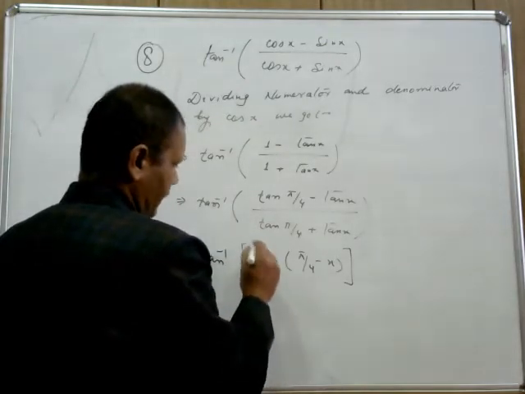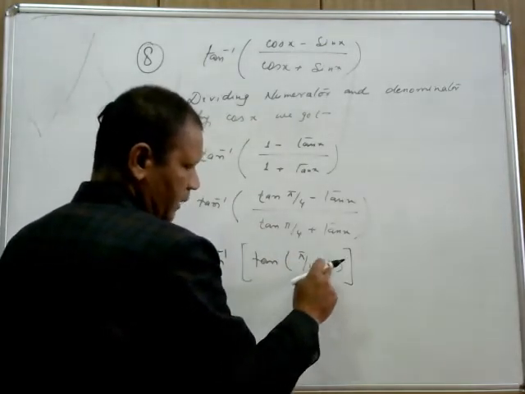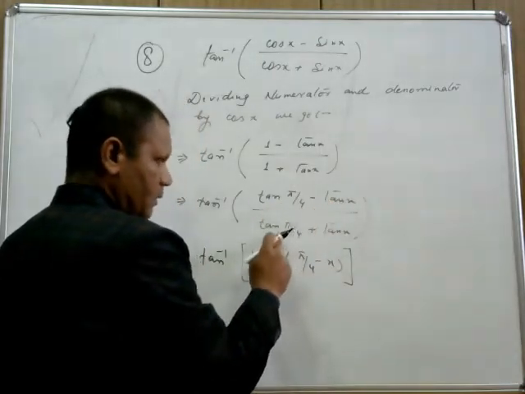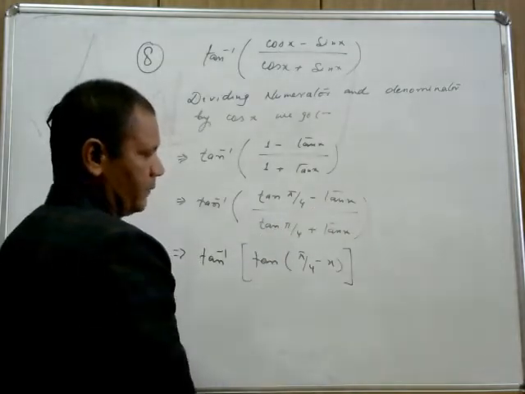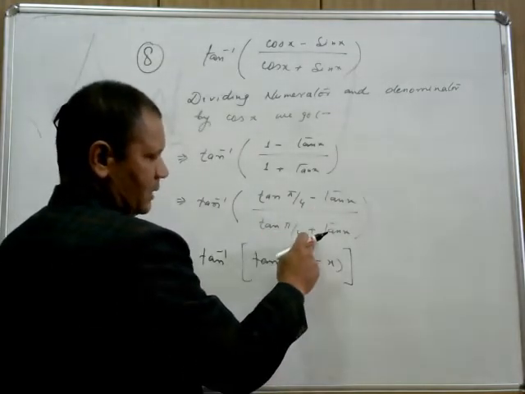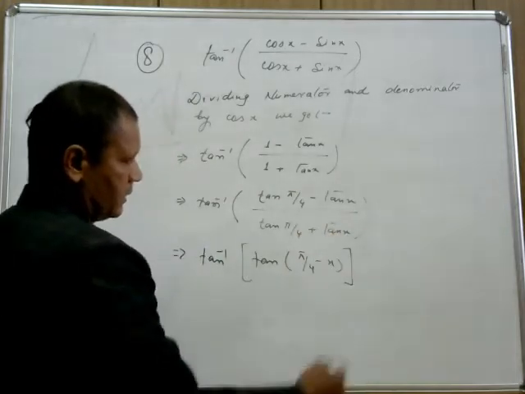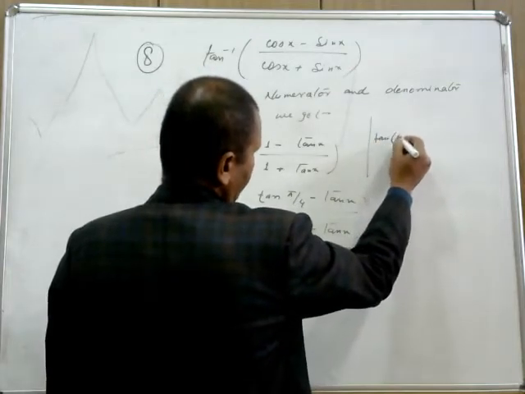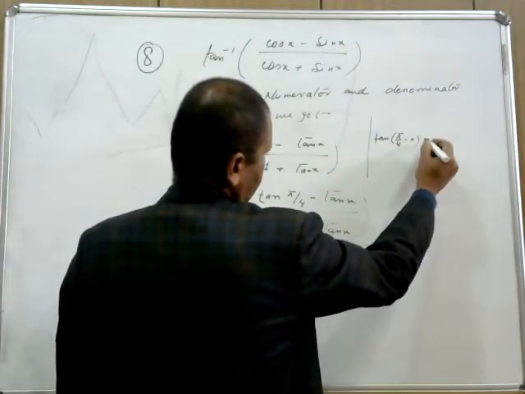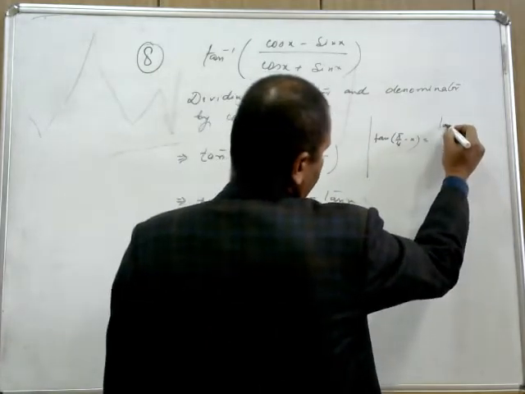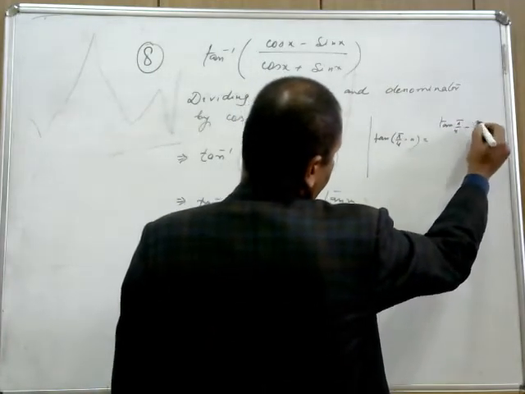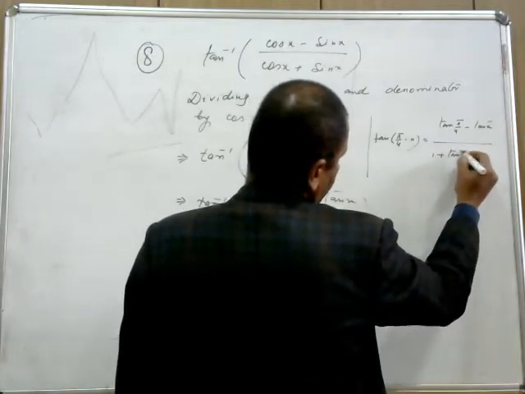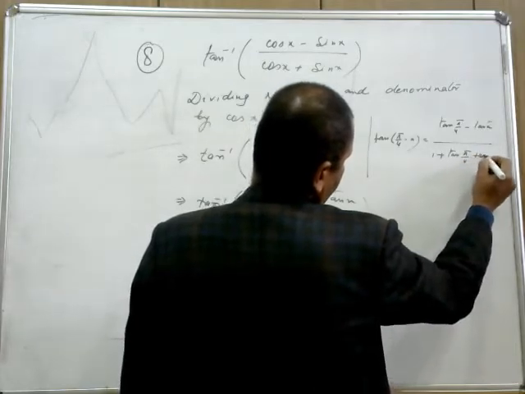Because see, tan A minus B is equal to tan A minus tan B upon 1 plus tan A into tan B. Here we have tan pi by 4 plus tan pi by 4 into tan x. In the right hand side, if I write now tan pi by 4 minus x is equal to tan pi by 4 minus tan x upon 1 plus tan pi by 4 into tan x.